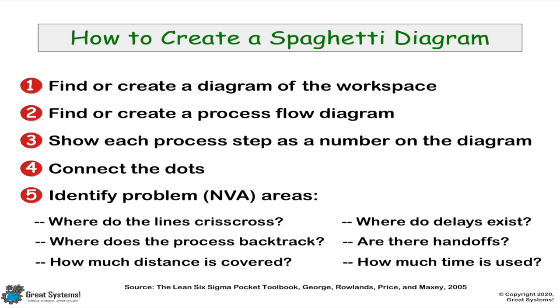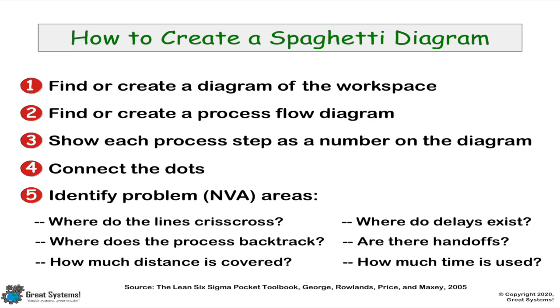Identify problem or non-value added areas. For example, where do the lines crisscross? Where does the process backtrack? How much total distance is covered? Where do delays exist? Where do handoffs exist? How much total time is used? What is the cost of the process that is mapped?